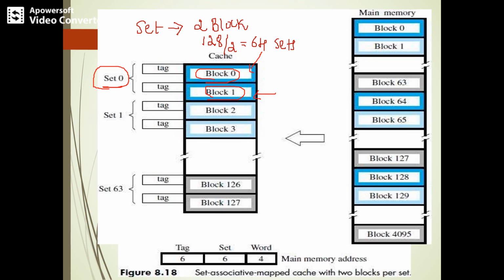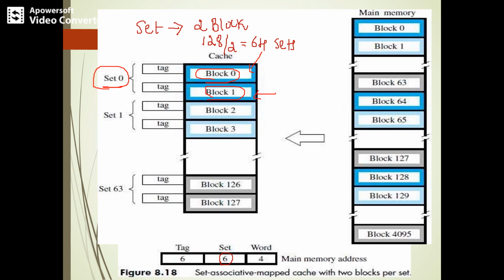So totally there are 64 sets, and the 6-bit set field of the address determines which set of the cache might contain the desired block. So we need to consider the 6-bit set field.